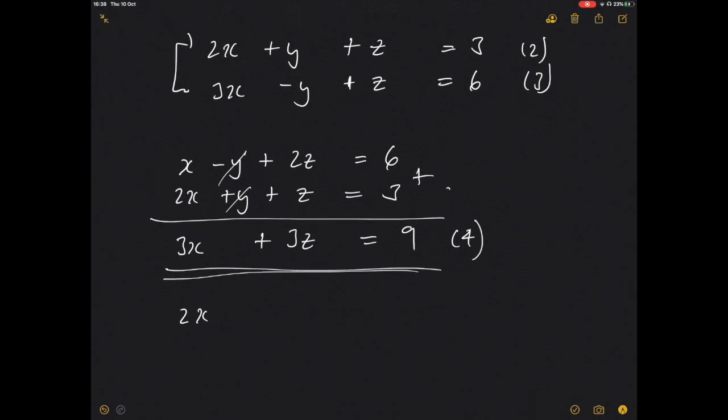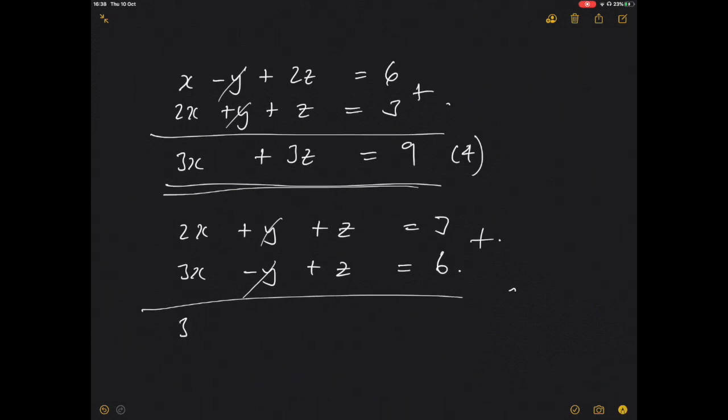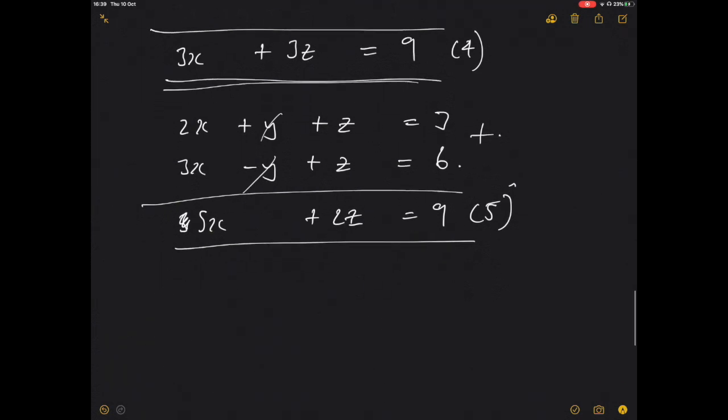So if we said 2x plus y plus z equals 3, and we have 3x minus y plus z equals 6, okay, and we add these together, that's going to help us get rid of this y, which means that we have 5x plus 2z equals 9. So now we have a second equation, a fifth equation. So we're actually making this more complicated, but we're reducing the terms as we go along.